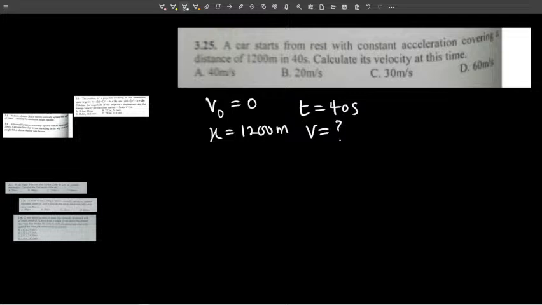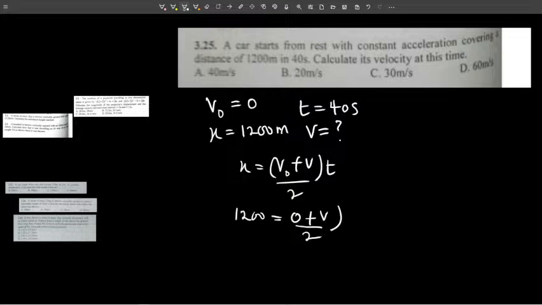We're told the distance covered. We're not told the acceleration. So how do we find the velocity? We know that s is equal to u, or you can say v naught plus v over 2 times t. That will give me 1200 equals 0 plus v over 2 times t.